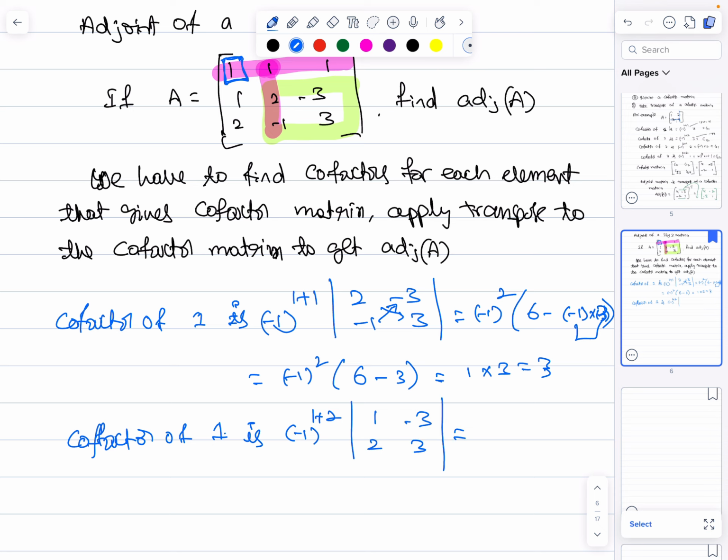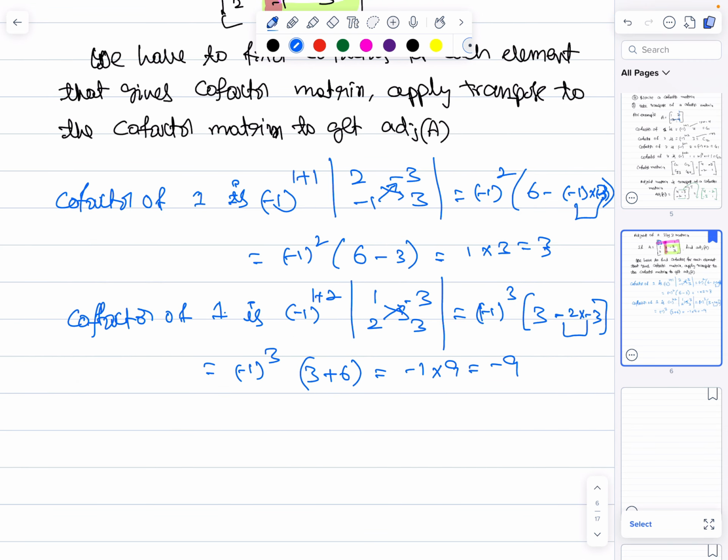So we have seen that minus 1 whole power 3, and this matrix you are moving downward, therefore it is plus. This matrix you are moving upward, therefore the determinant is minus of 2 into minus 3. That is giving minus 1 whole cube times 3, minus into minus is plus, therefore 6, minus 1 into 9 is minus 9. That is your C12 position.